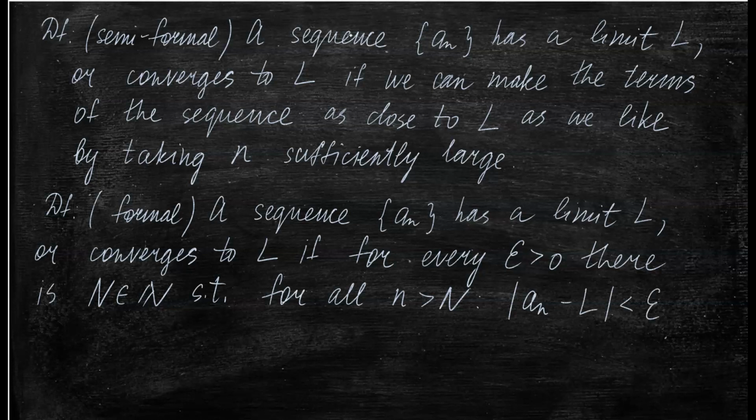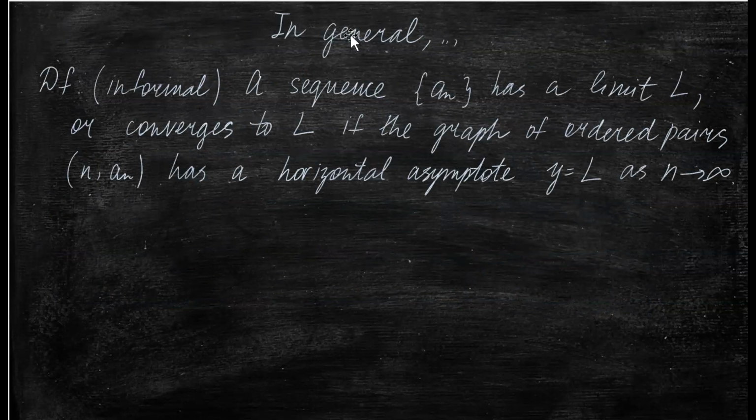It repeats the same ideas as in the semi-formal definition, except in a more formal way. But for the purpose of this class, the informal definition is good enough. We say a sequence has a limit if the graph looks like it has a horizontal asymptote.